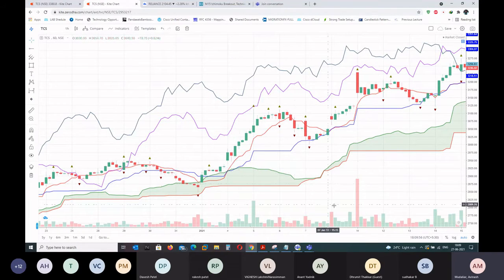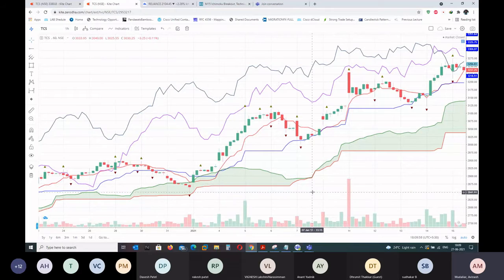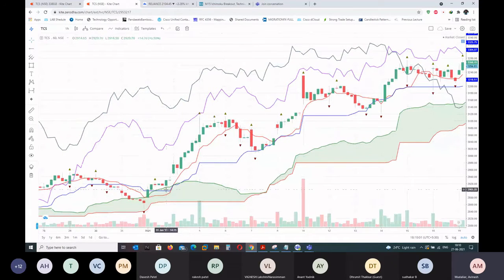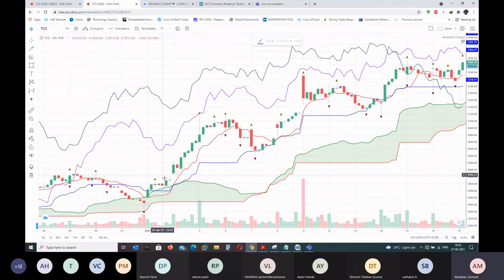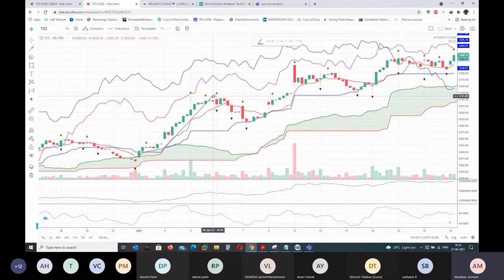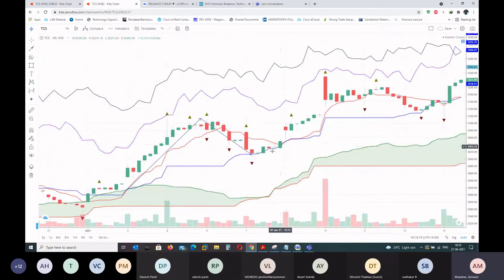So first thing is you need to have a crossover. It can be anywhere. Once you have a crossover, you need to have momentum. So here it is there. Once momentum is there, it will pull back. When it pulls back, you need to see a reversal pattern.